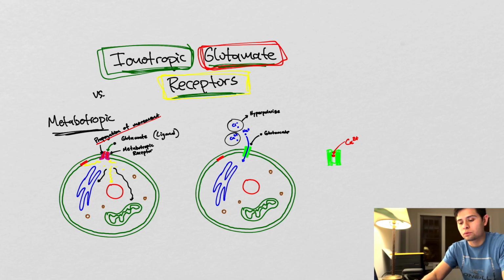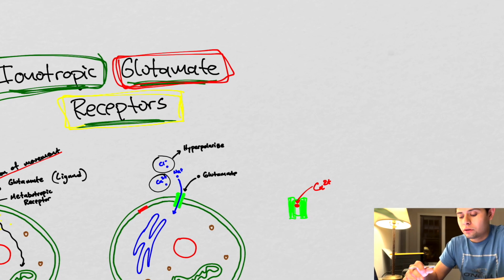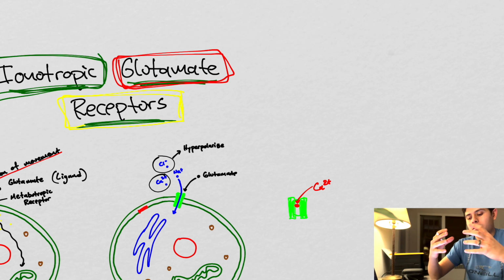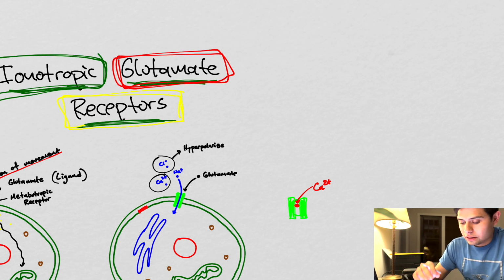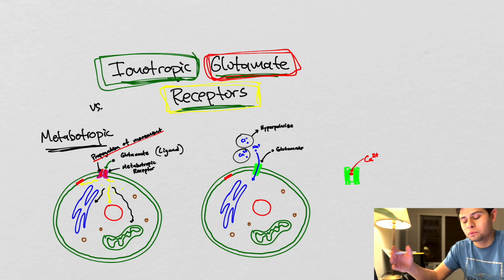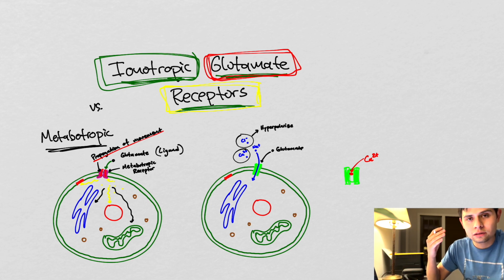And what it enables us to do is it enables the cells to become permeable to ions. And that's exactly what we've talked about. That's all glutamate does in most every case. So we want to get into our heads that glutamate is really just a ligand, right?